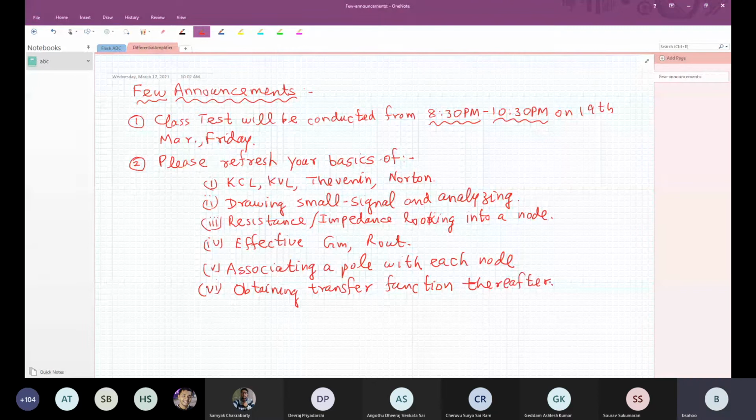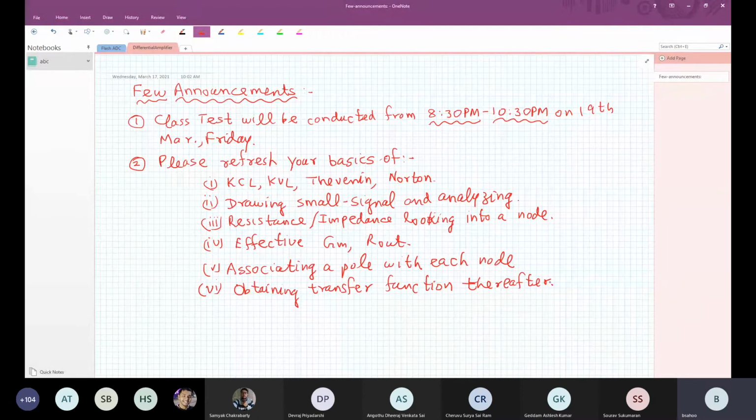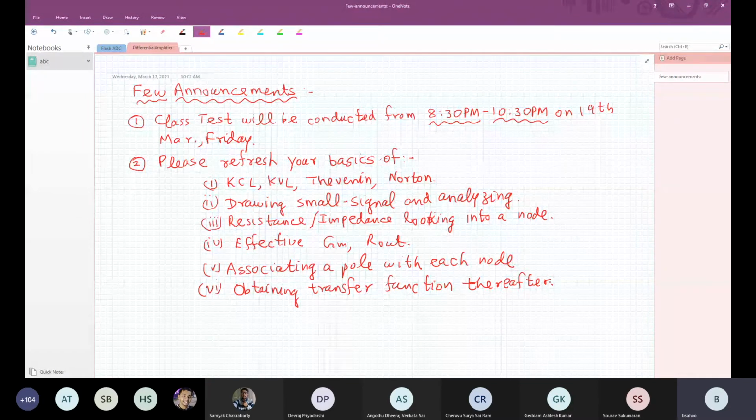Okay, so this is very, very important. Drawing the small signal model, then resistance, impedance looking into the node, and associating poles.